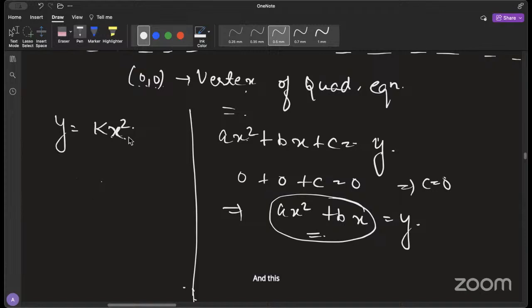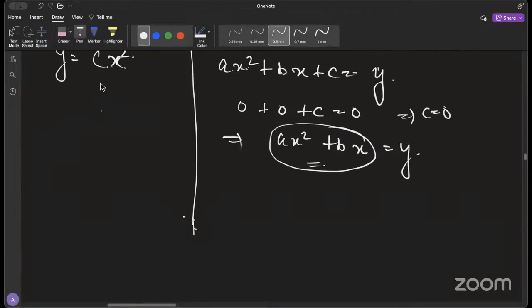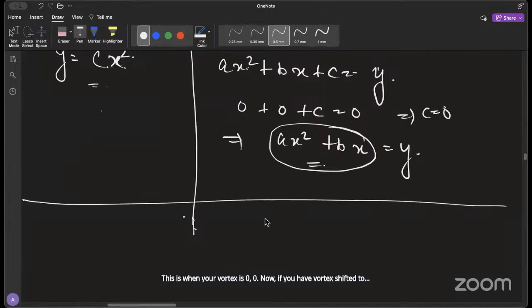And you can also call it cx squared. This is when your vertex is 0, 0. Now, if you have vertex shifted to AB, there's a little confusion here. AB is already taken, right? Let's say you have your vertex at x1, y1.